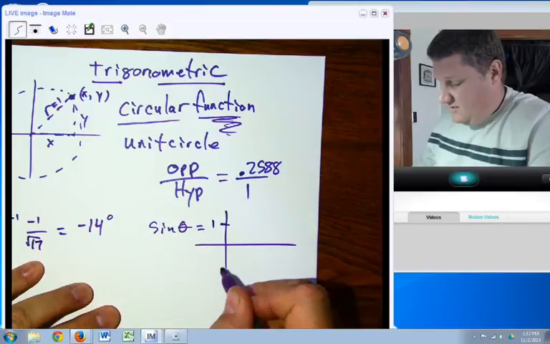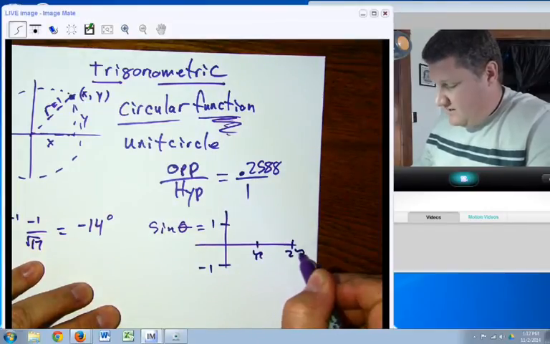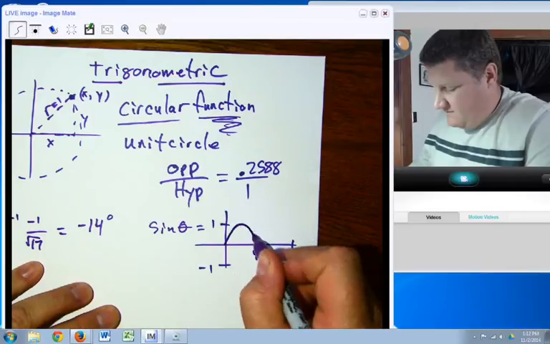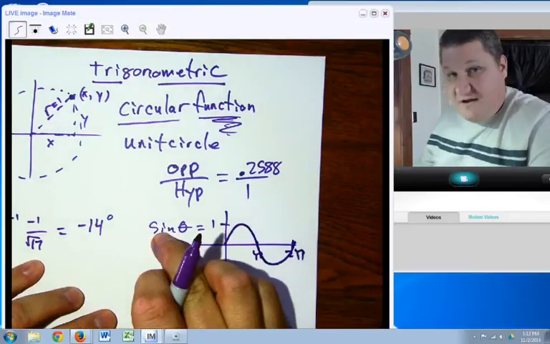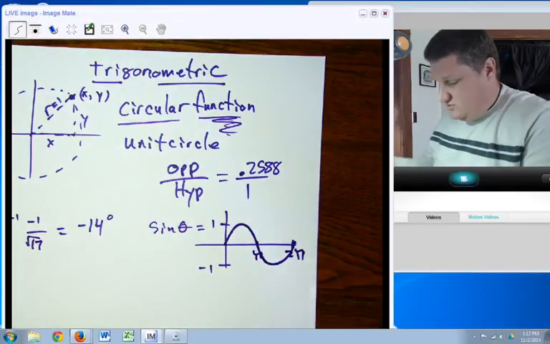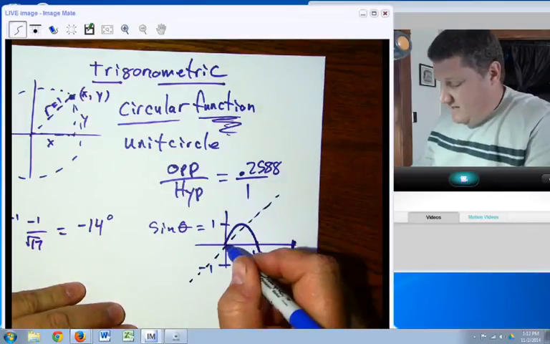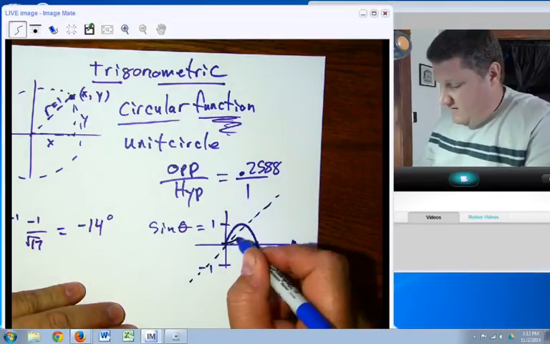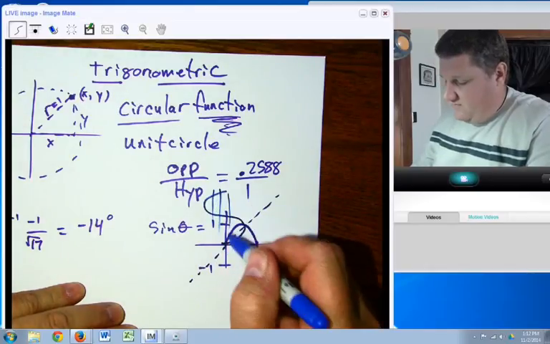Up to 1, down to -1, pi, 2 pi, up, down, up. Okay? That's the graph of sine theta. If I try to do its inverse, remember, we switch it over the line y equals x. And so that means we would have this, and this would no longer be a function.